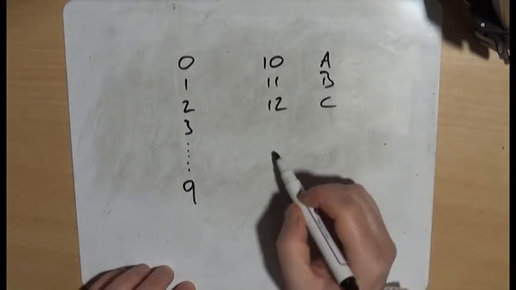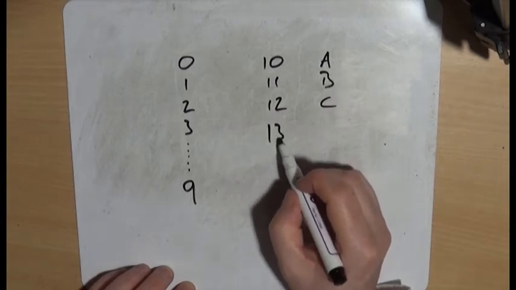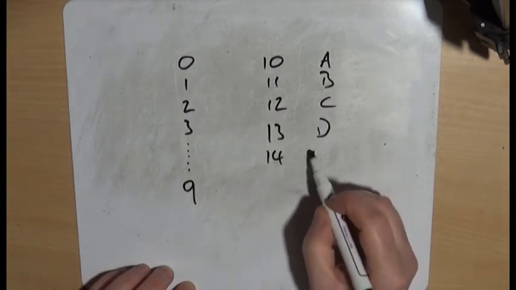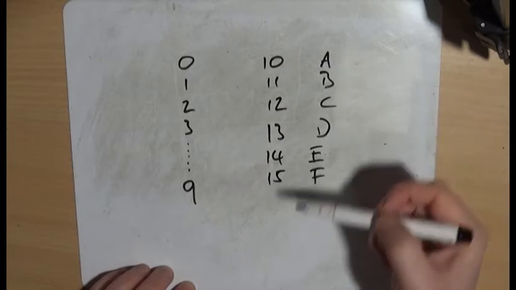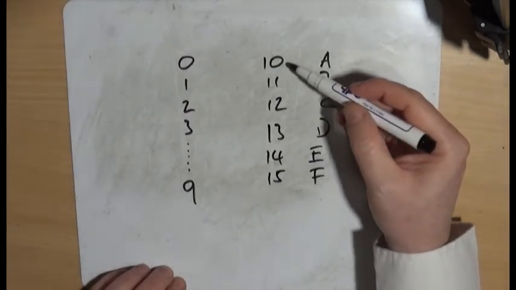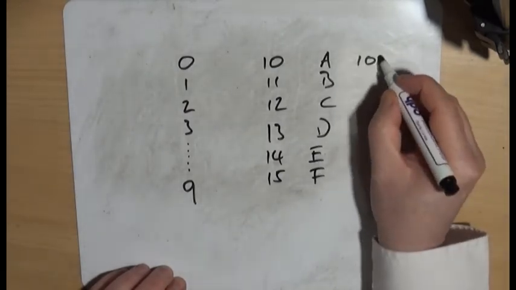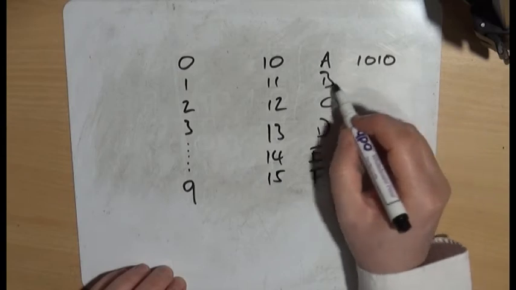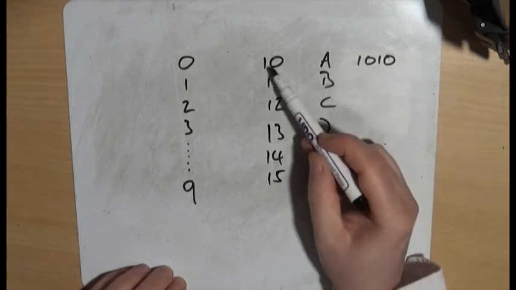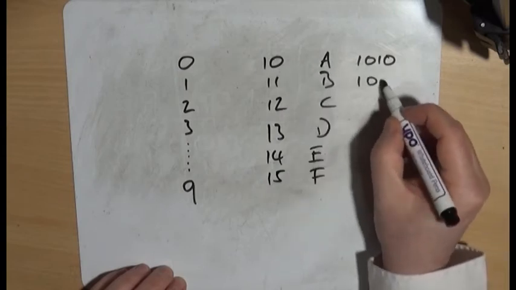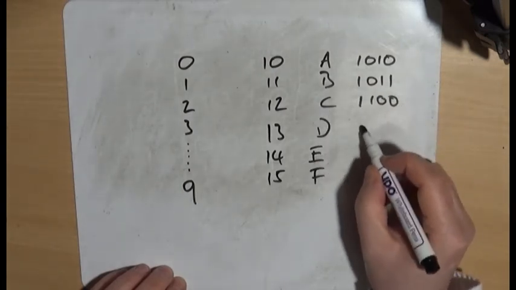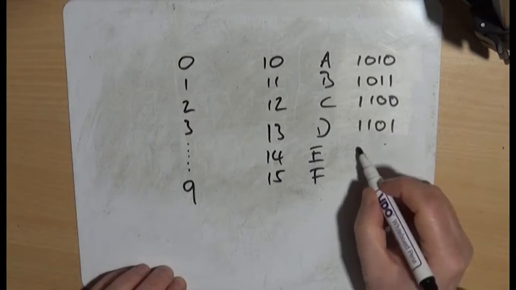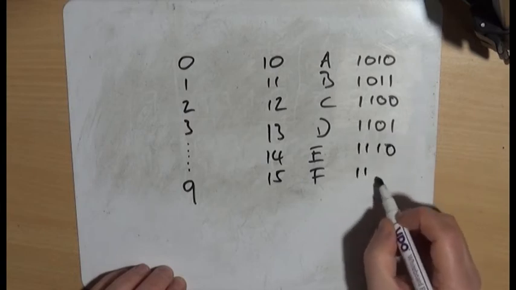So 10 would be A, 11 B, 12 C, 13 D, 14 E and 15 F. So those are the hexadecimal numbers, and what this means is for each of these you can have a binary nibble, a hexadecimal character or a denary number, and they all mean exactly the same thing. It's just a slightly different way of representing it and writing it down so that it's easier.